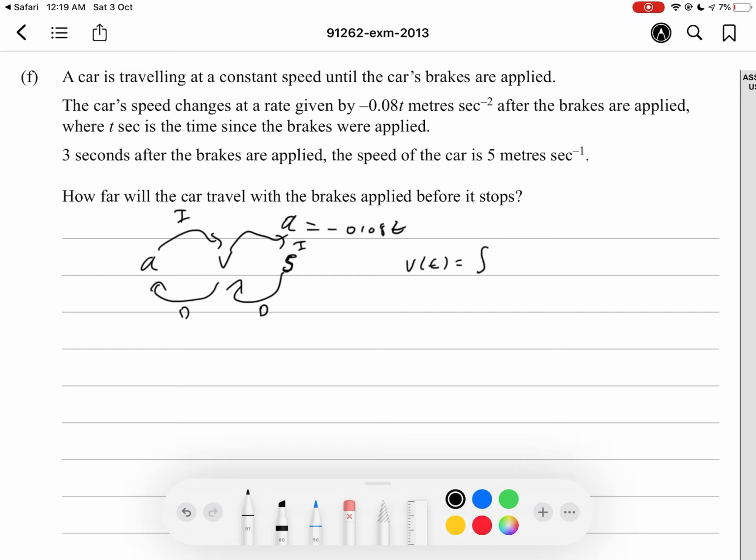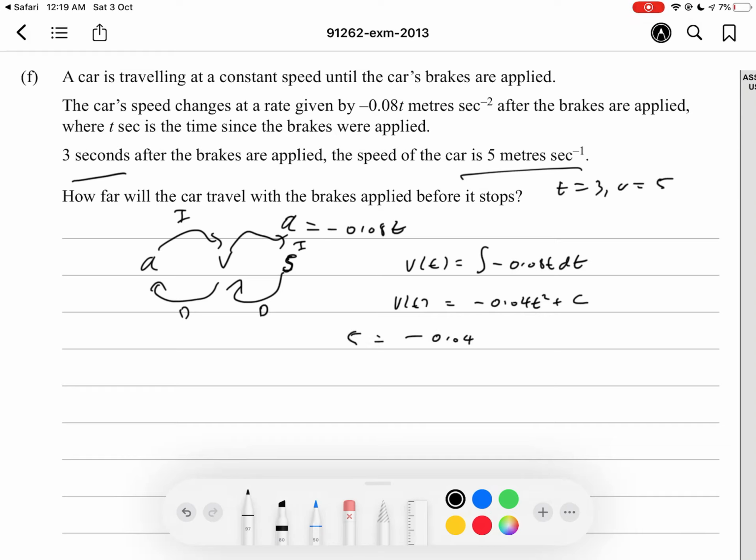So therefore, v of t equals the integral of negative 0.08t dt. And therefore, we should get that v of t equals negative 0.04t squared plus c. In order to find our c value, we know that 3 seconds after the brakes are applied, the speed of the car is 5 meters per second. So when t equals 3, v equals 5.